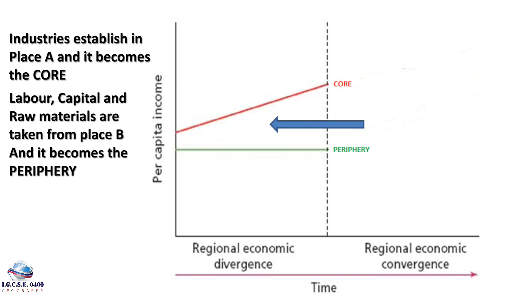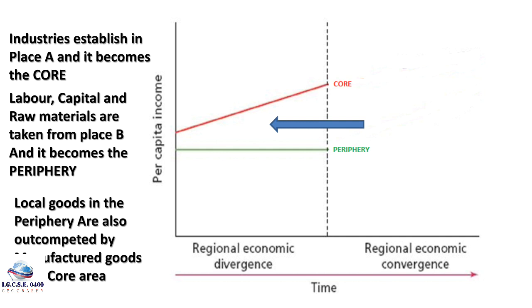Now, also labor, capital, and raw materials are taken from place B, and it becomes the periphery. You can see the green line shows now the periphery area, because it is losing people, it is losing capital, and a lot of resources are being transferred to the core to help in the manufacturing industries.